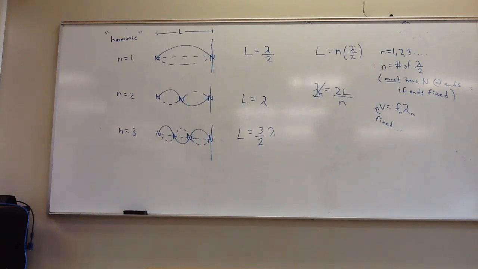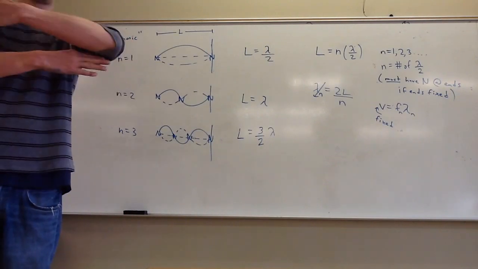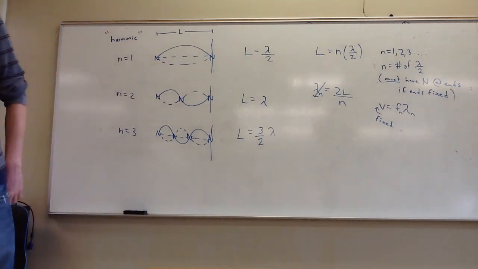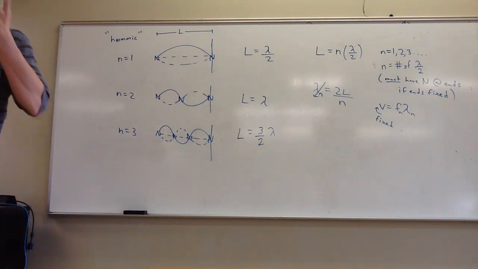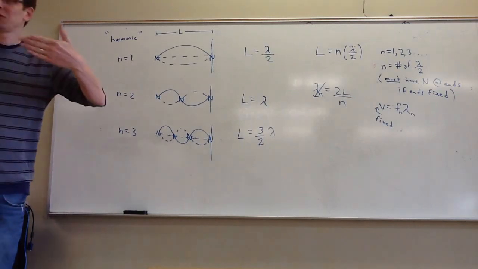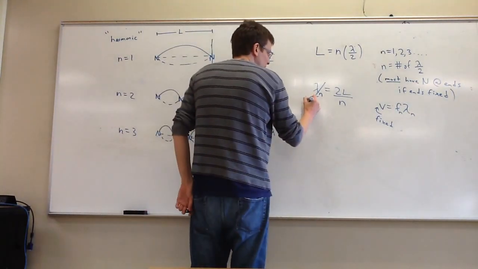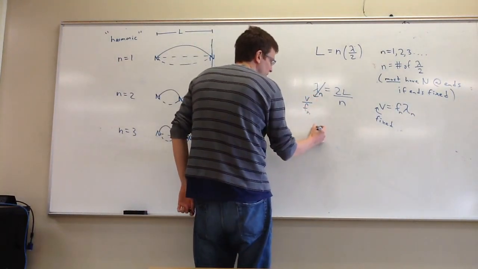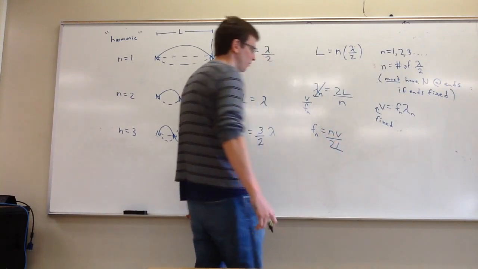You might say it's a standing wave, there's no v. Well, remember, what we mean by v is the traveling waves that are making this standing wave. So both of those have speed. The reason why it looks like it's oscillating in place is because of the result of that superposition. So a standing wave is created out of two waves that are traveling in opposite directions. So I go ahead and put in here v equals f sub n lambda sub n, and I solve my equation. It looks like this.